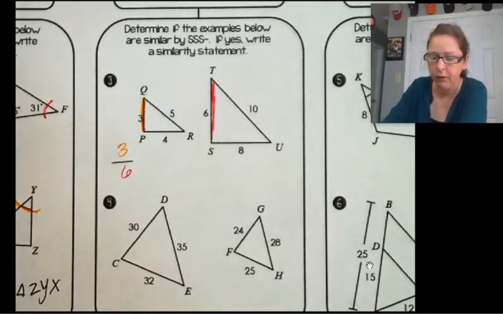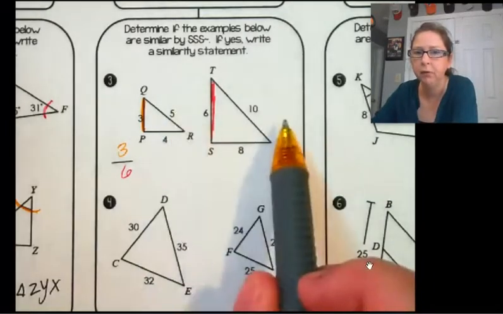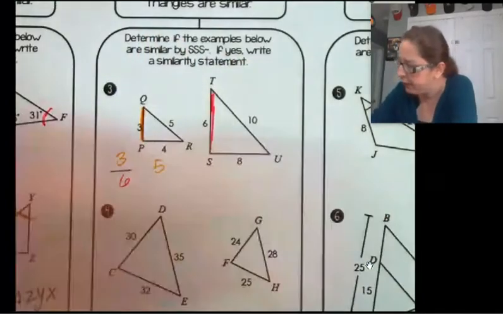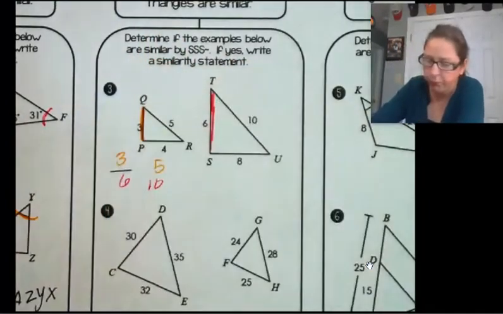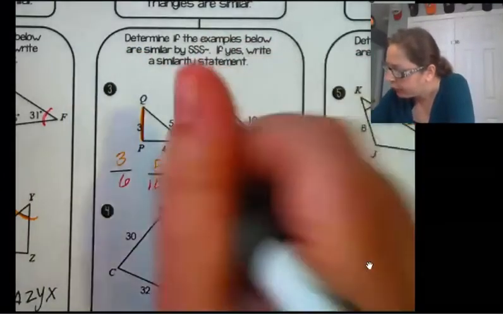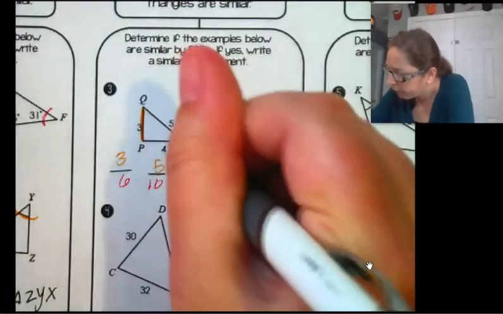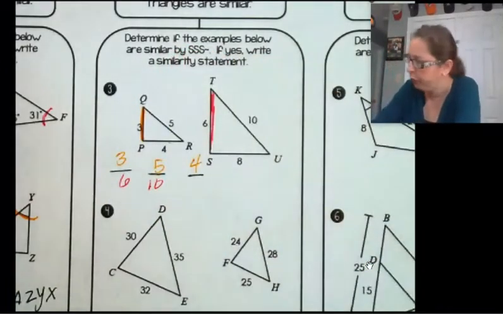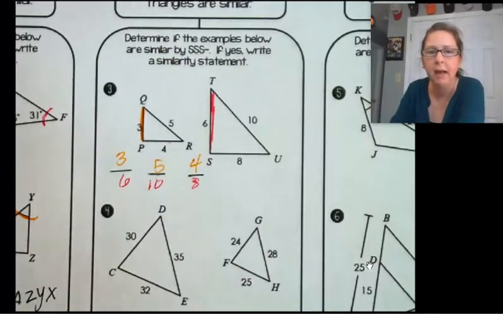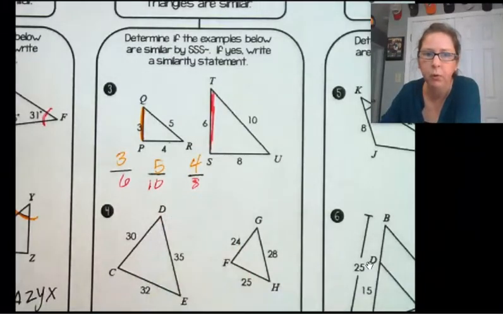Next, I will have 5 to 10. And the third side is going to be 4 to 8. So can I say that all 3 of these ratios are equal?